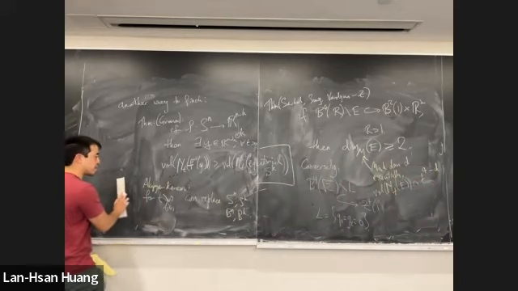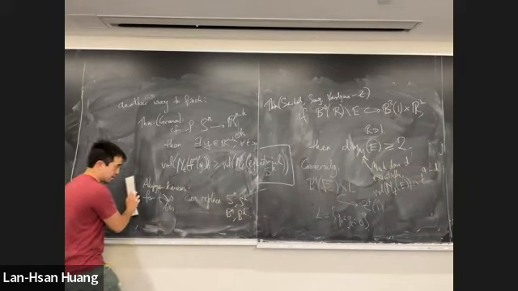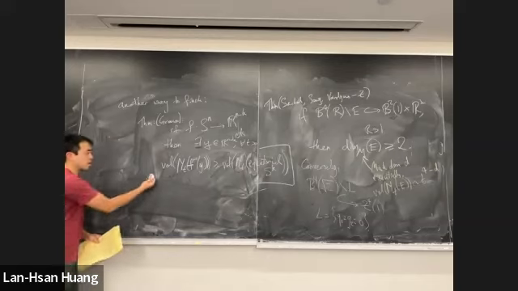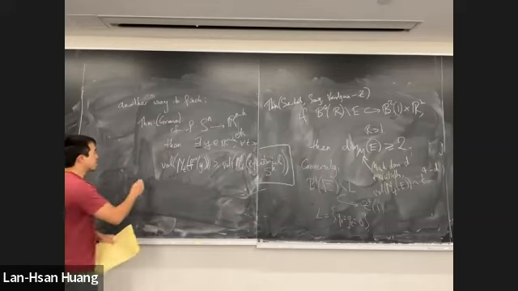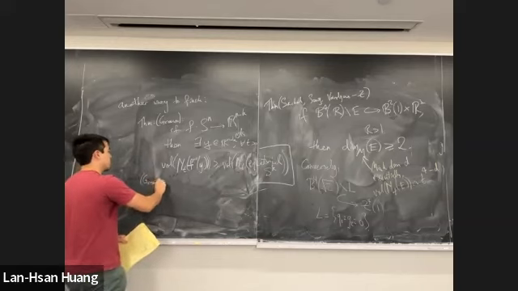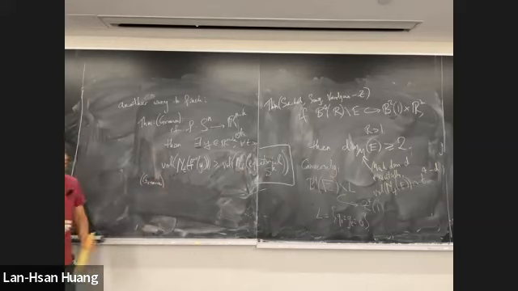So maybe one thing I can mention is, again, there's a reduction to the ball. Gromov also has a waist inequality for Euclidean space with the Gaussian measure.